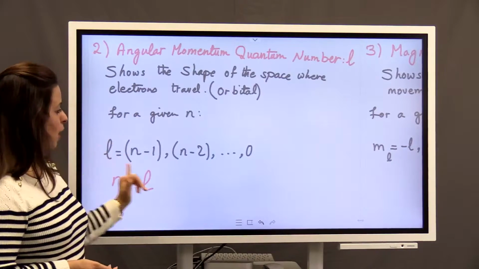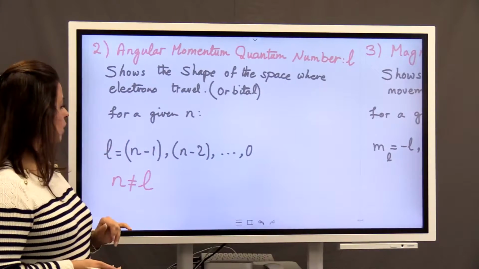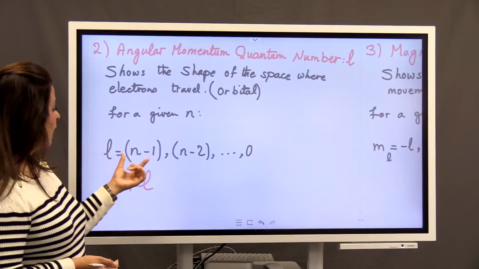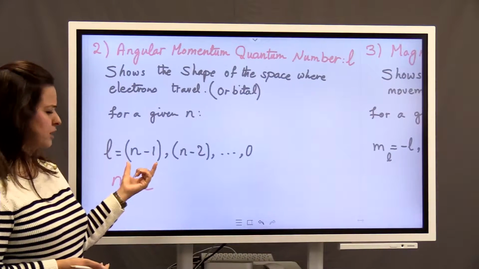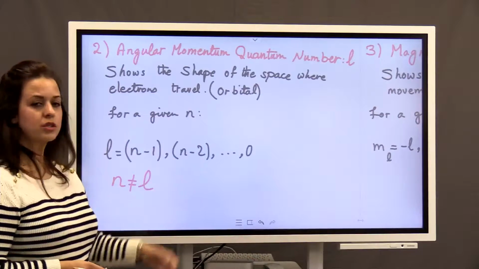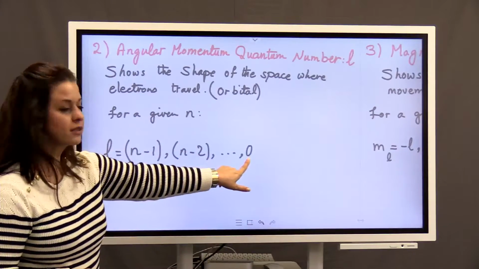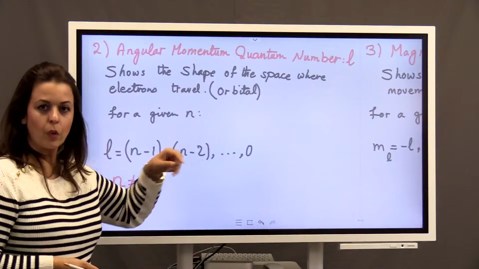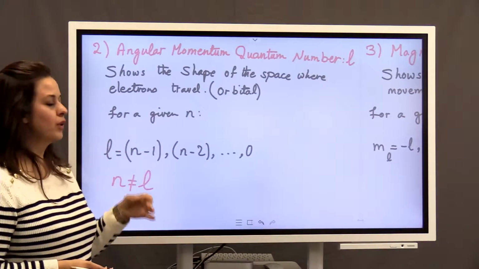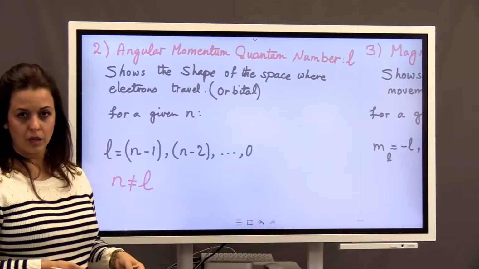So possible quantities for L: N minus 1, N minus 2. You keep subtracting until you get to 0. So 0 is the minimum possible quantity for L.